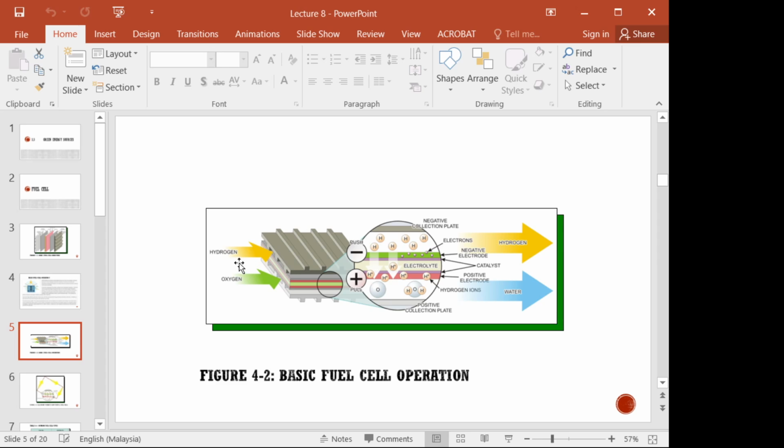Just to be remembered that at anode hydrogen is supplied, and at cathode oxygen is supplied.